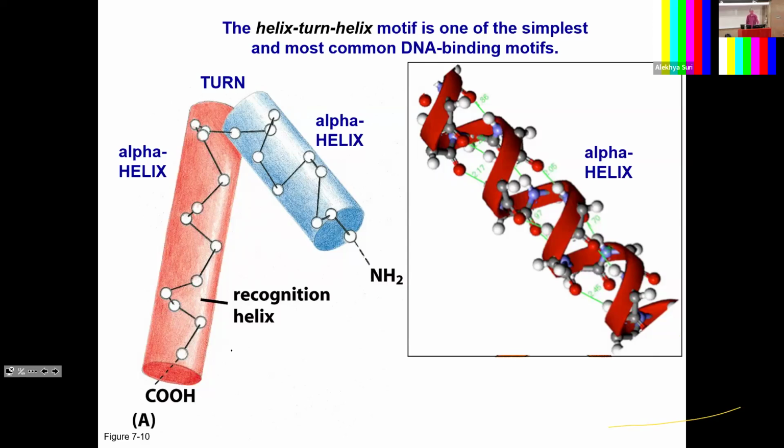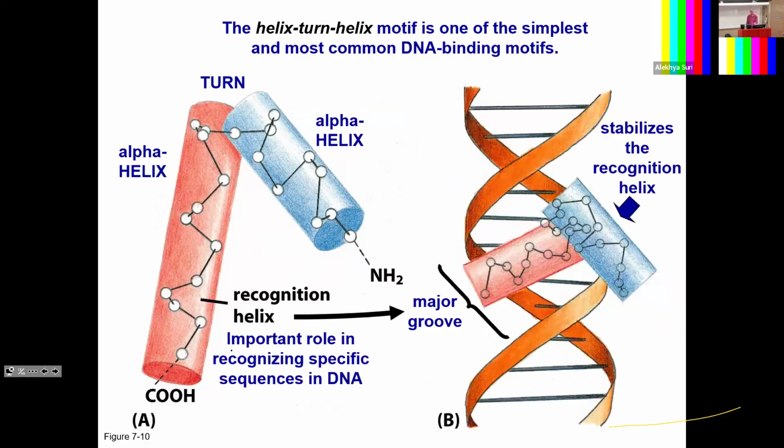helices. So we have here one motif, say, the helix turn helix motif. You have one helix here in red, orange, one in blue, and in between there's a sharp turn. And so this creates this motif.